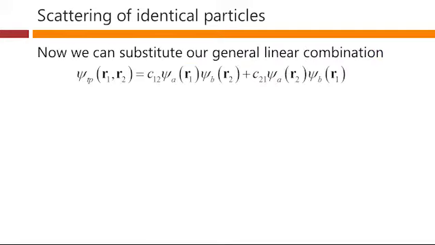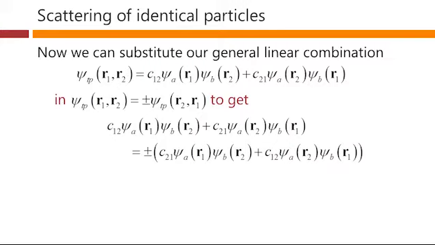Now we can substitute our general linear combination that we postulated before into this two-particle wave function with this condition here. And what we're going to get, if we do that, is that on the left, here's our psi A of R1, psi B of R2, and psi A of R2 and psi B of R1, both the two parts of that, has to be equal to plus or minus the same thing, but with the particles swapped round.